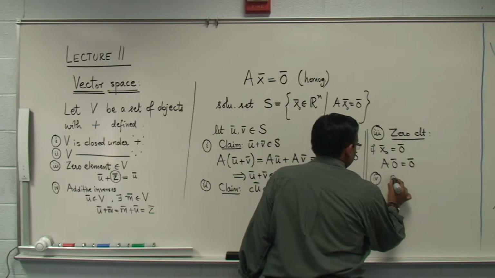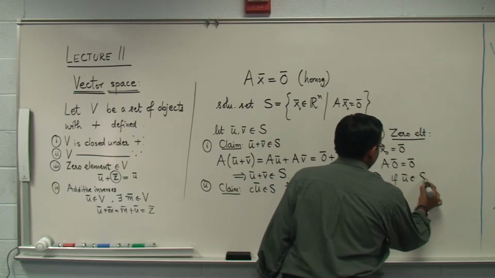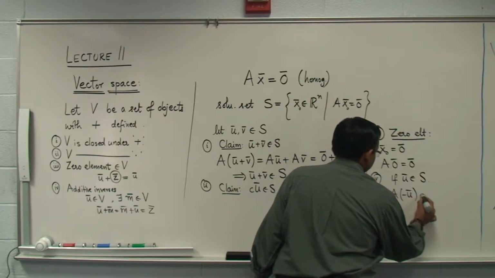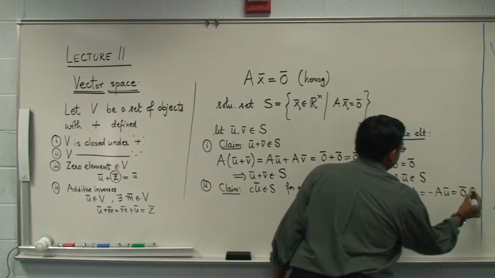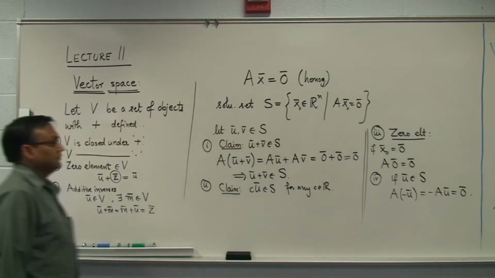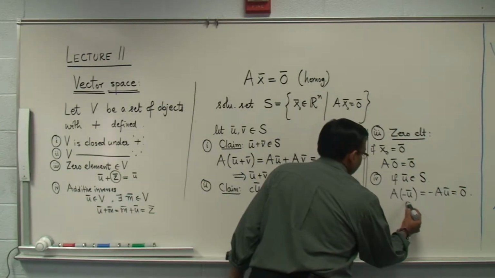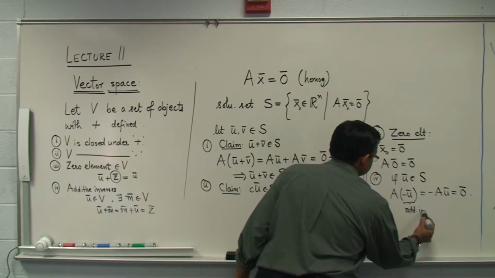And likewise, if you have U as a solution, then minus U will also be a solution to this system, and you can check that this will act as the additive inverse.